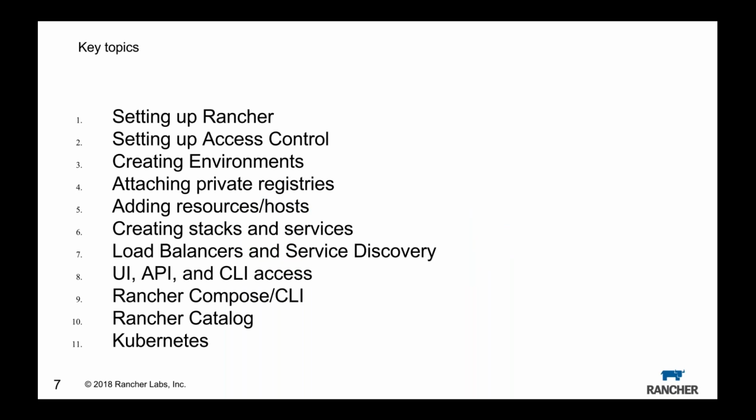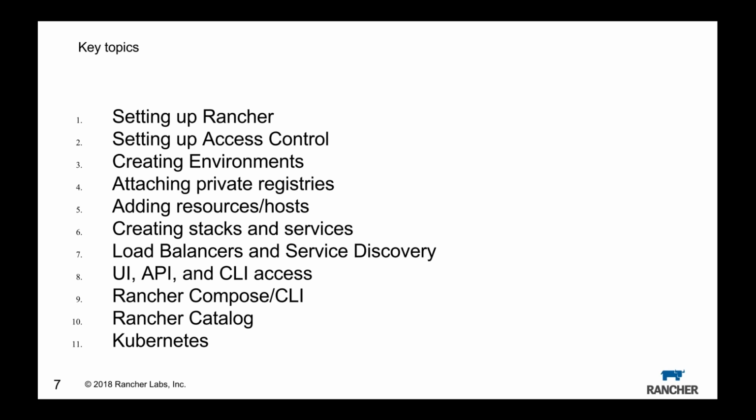So the key topics that we'll be covering today are setting up a Rancher server, setting up access control to your server so nobody else can access it, creating environments, attaching private registries, adding resources, hosts, stacks, and services, and load balancers. It's okay if you don't understand all of these topics right now. I'll walk through each of them as we add them in the UI.